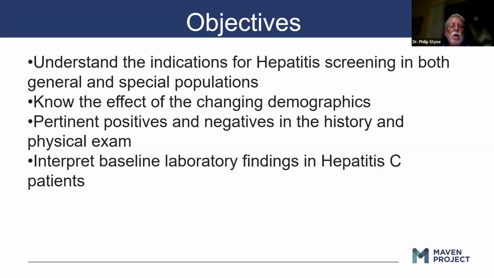Our objectives this morning are to understand the indications for hepatitis screening in both general and special populations, to know the effect of changing demographics on hepatitis C, to understand pertinent positives and negatives in the history and physical exam, and to interpret the lab for hepatitis C patients and make decisions about therapy.